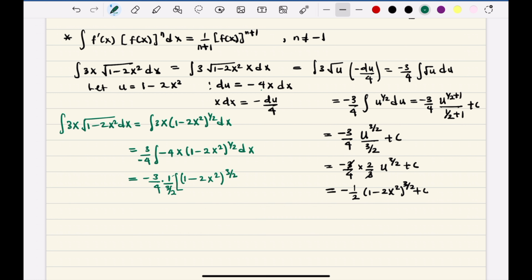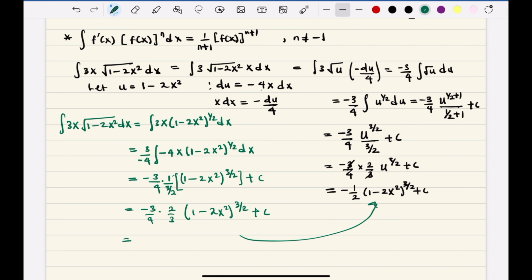Then plus c. And this exactly is going to give us negative 3 divided by 4 multiplied by 2 divided by 3, then multiplied by 1 minus 2x squared raised to power 3 over 2 plus c, which will give us, you guessed it, this. Okay, so that's how we use the substitution.